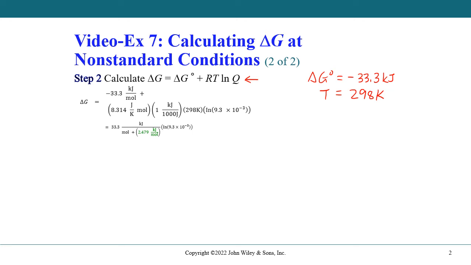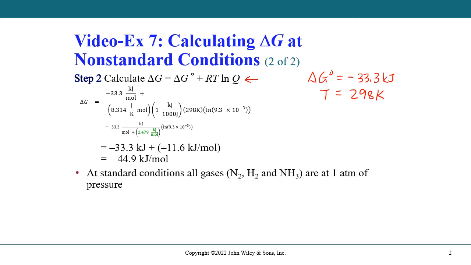So we can then do the calculation and end up with a value for delta G at non-standard conditions, and we see that it works out to negative 44.9, which is more negative than the standard value. At standard conditions, all gases are at 1 atmosphere pressure.